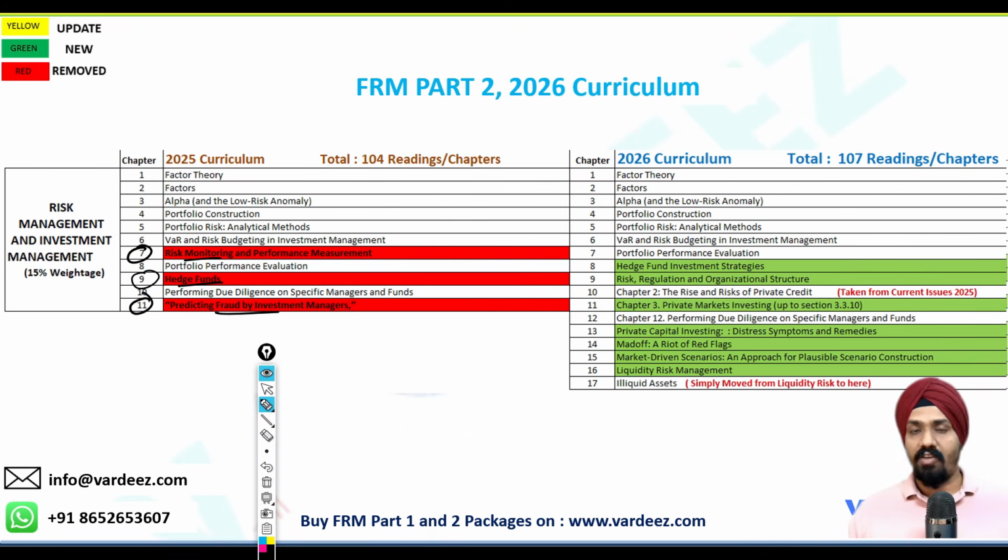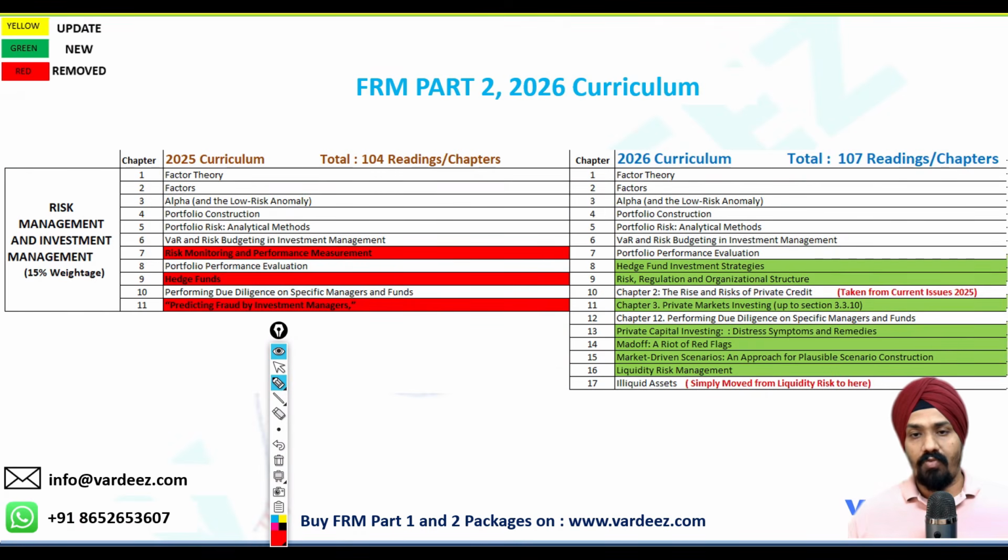Predicting fraud by investment managers, everything has been removed here. The point to be observed here is that for the same weightage, 15%, earlier we had 11 chapters in the risk investment book. Now it has increased to 17 chapters. Yes, so the majority of the new chapters have been added in the risk investment section here.